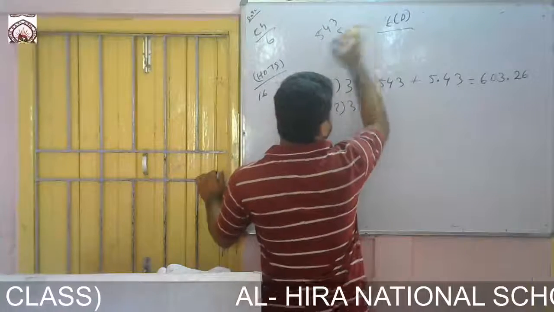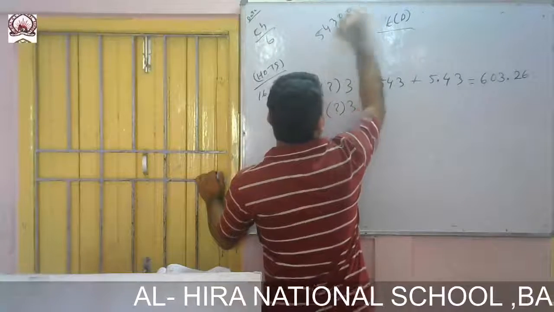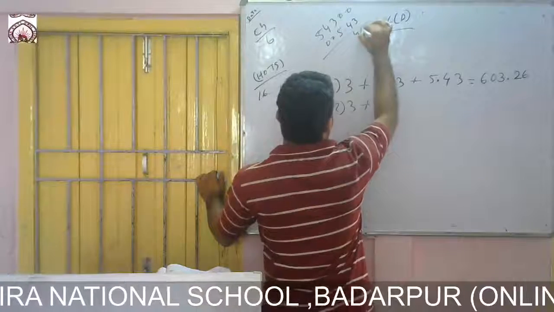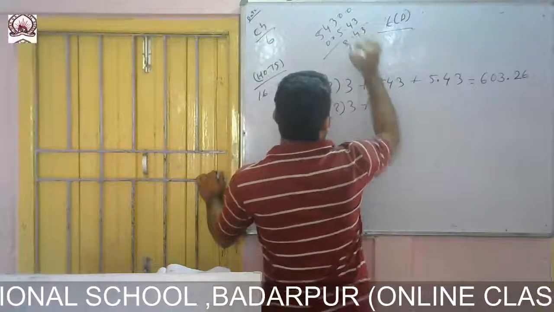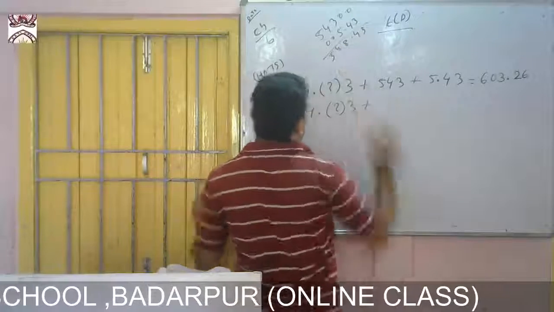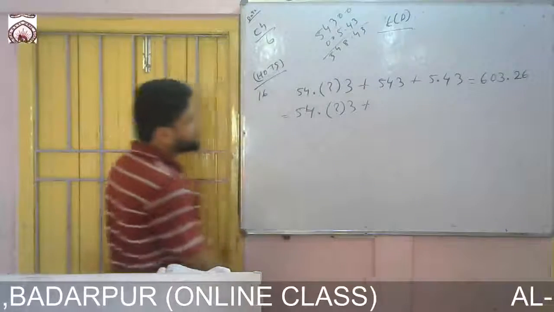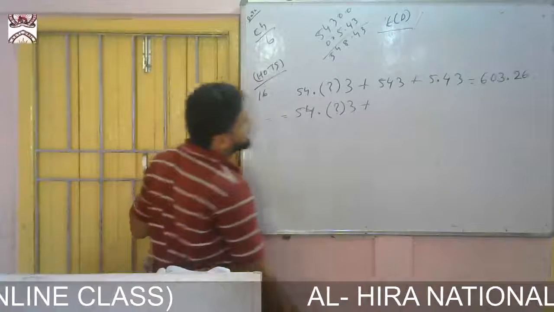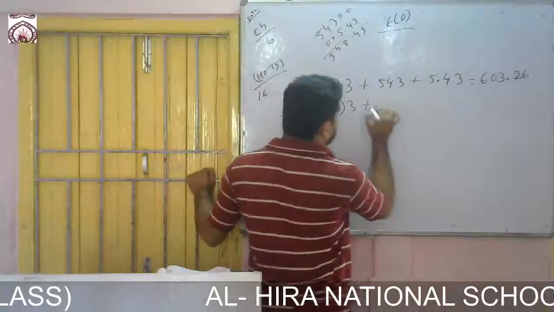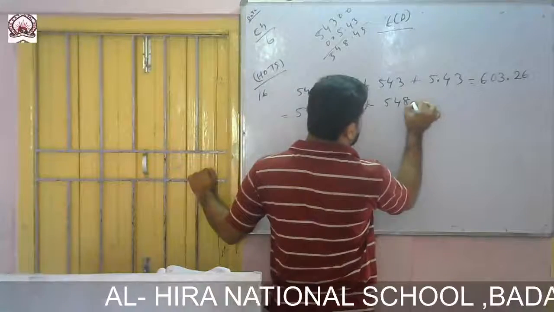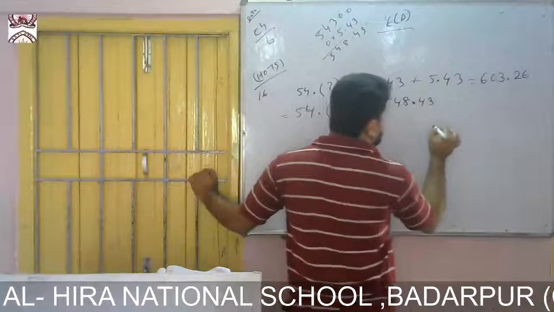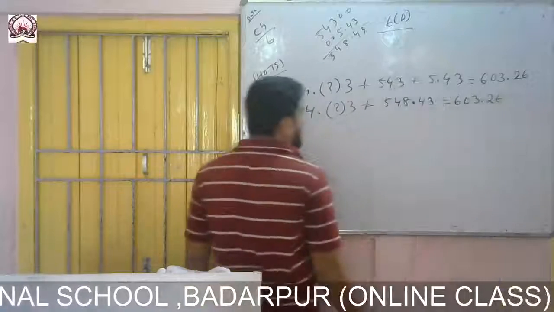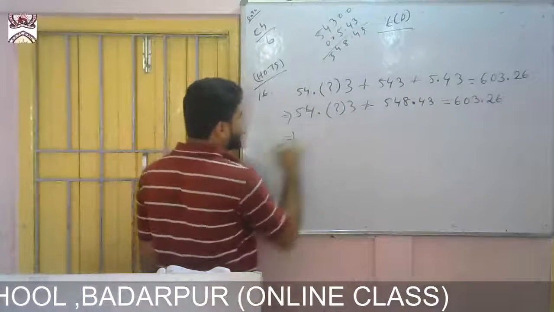If we add, it will be 548.43. So 548.43 equals 603.26.